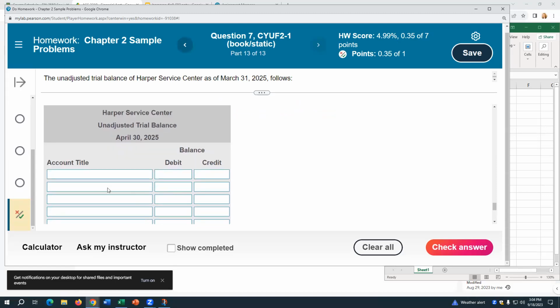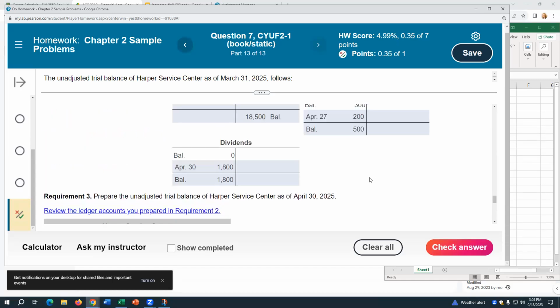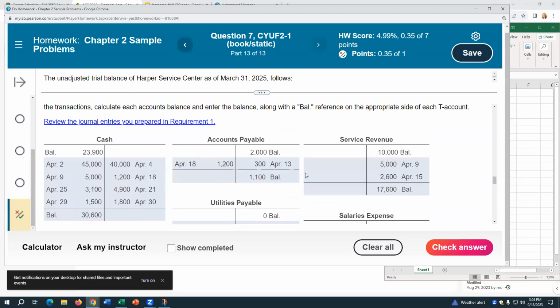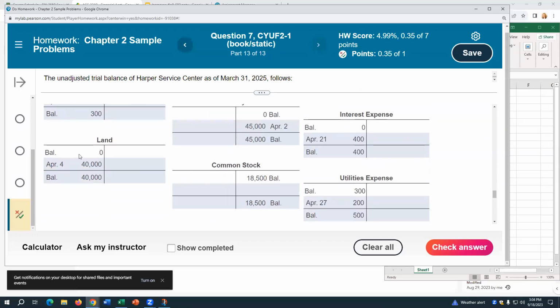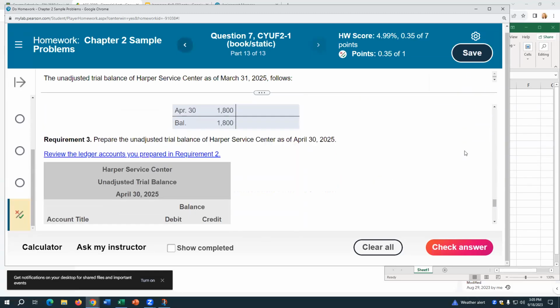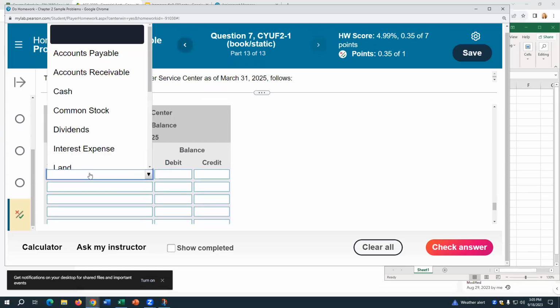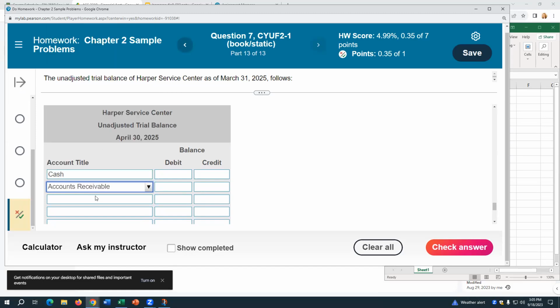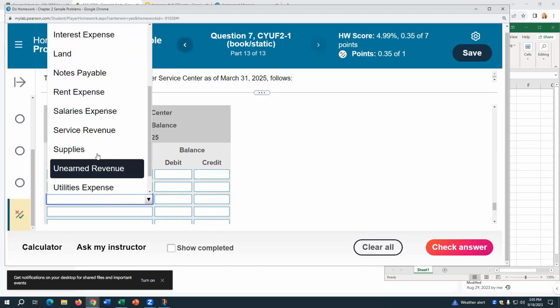Let's just go through these in order. We'll go down the left column, the middle column, and then the right column. If you'll give me all the account names first, then we can plug in the balances afterwards. So we have cash, and then accounts receivable? Yep. Supplies.